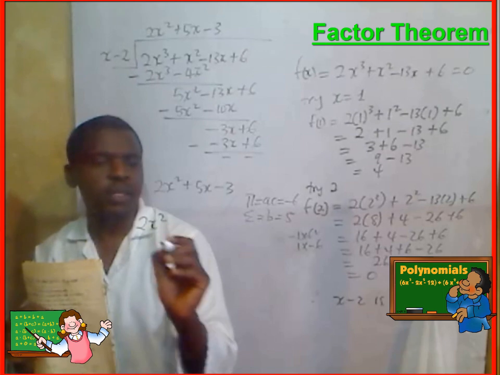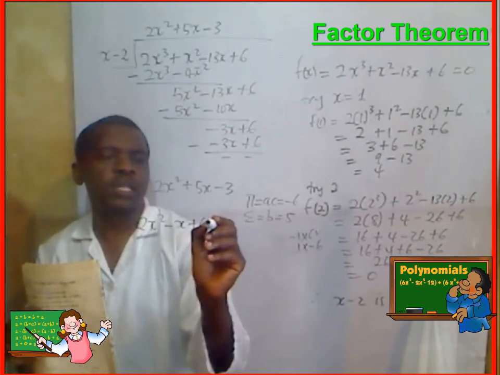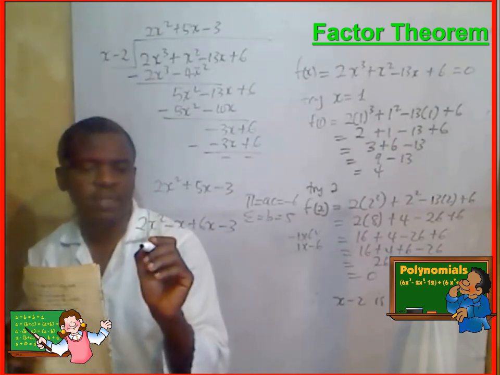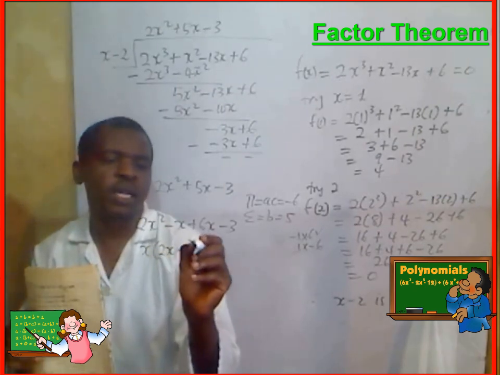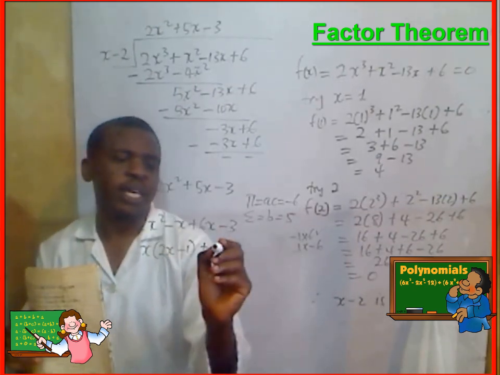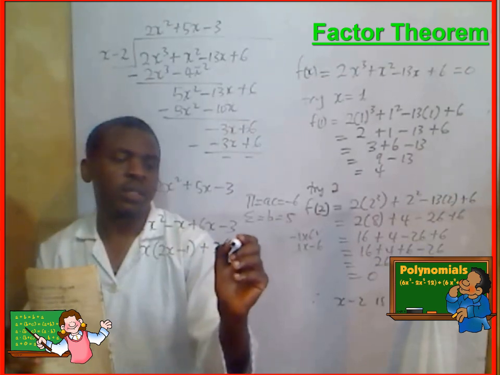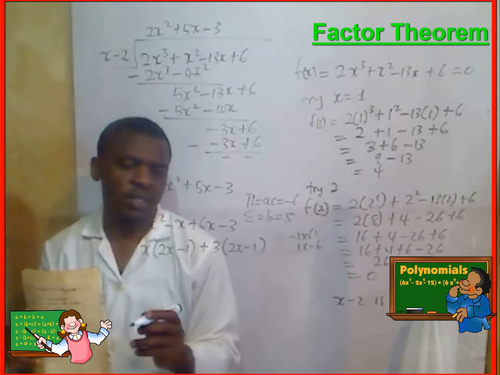2x squared minus x plus 6x minus 3. What is common here? x is common. So I'll have 2x minus 1, plus, what is common there? 3 is common. 2x minus 1. 2x minus 1 is repeating.